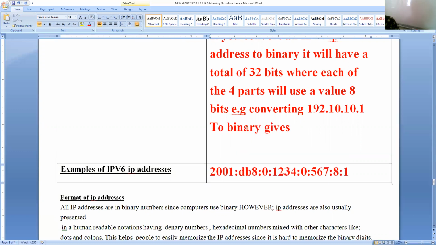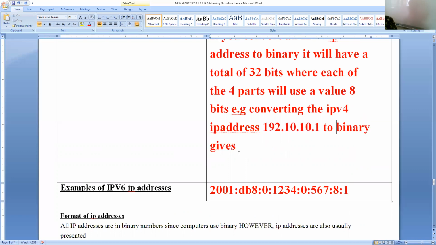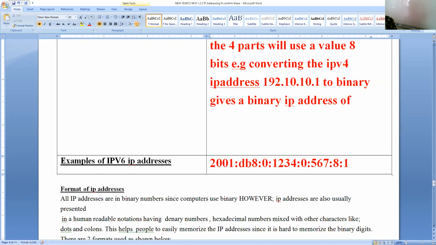Converting the IPv4 IP address to binary gives a binary IP address of, so let me convert it and I show you.